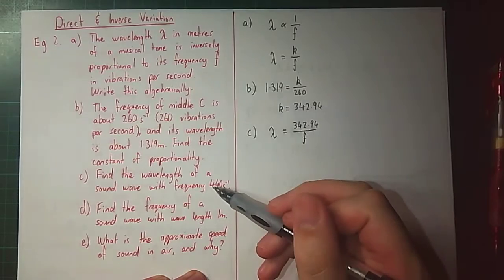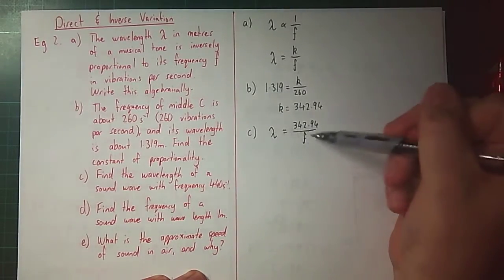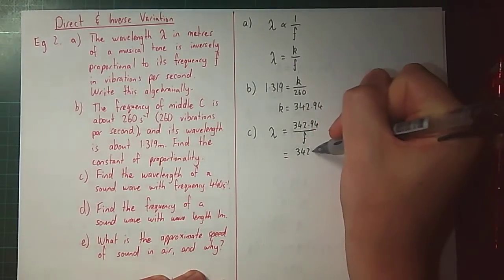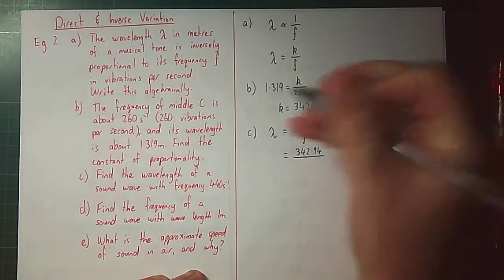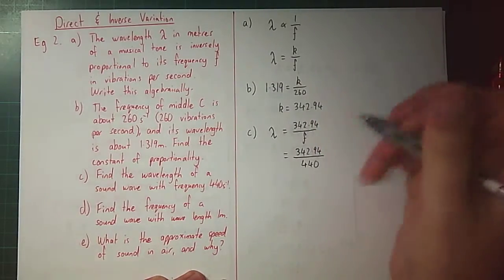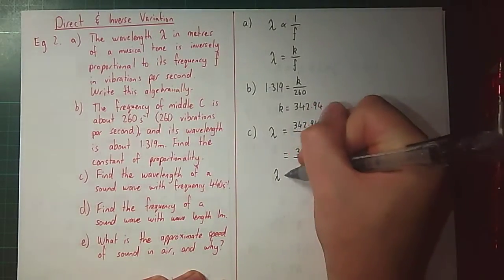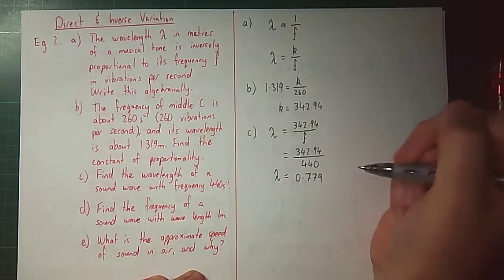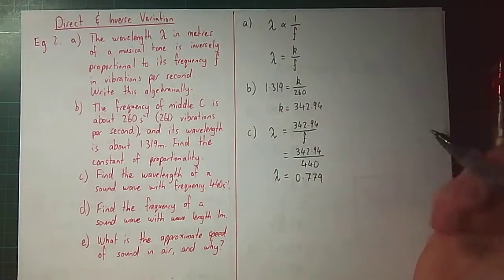So as it's talking about frequency, we're going to be replacing this f. So we'll do that now. We're going to have 342.94 over 440. So typing that into our calculator, we get that lambda is equal to 0.779. That answers part C.